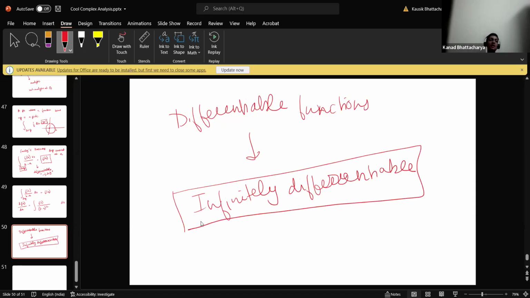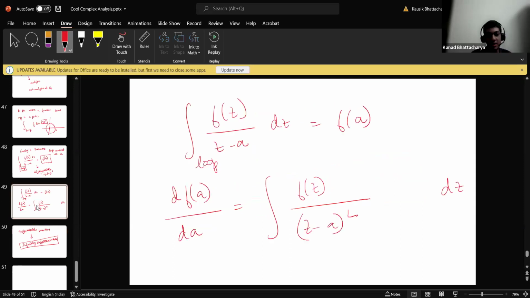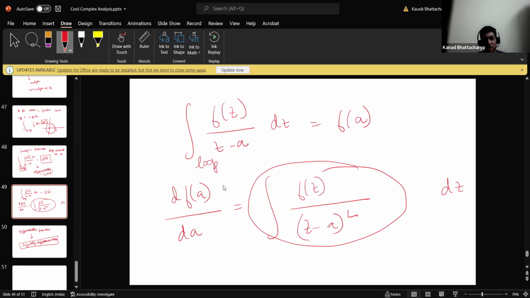So this is one really fun property about functions in the complex plane. This only holds in the complex plane, by the way. If a function is complex differentiable once, it is complex differentiable multiple times, exactly because of this. Because we can express the function in terms of its integral, and we can differentiate the expression to get this really cool expression. Observe that we can express the derivative of the function in terms of an integral of the function.